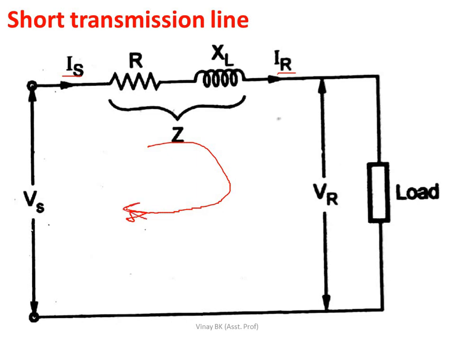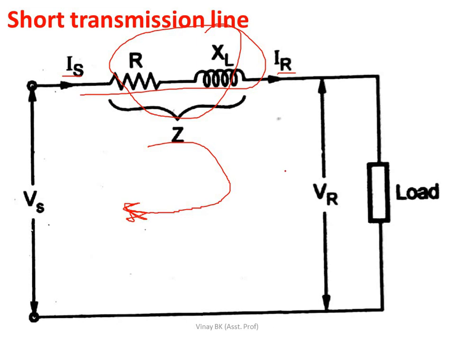If we apply KVL, we get Vs equals Is into R plus Is into XL plus VR. This R plus jXL is nothing but Z. So in terms of impedance, I can write Vs equals Is into Z plus VR. Since Is equals IR, Vs equals Z into IR plus VR.